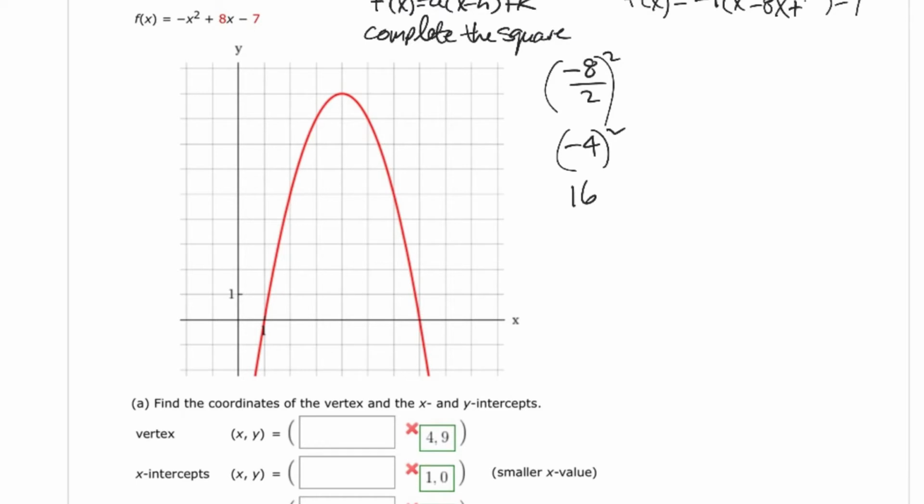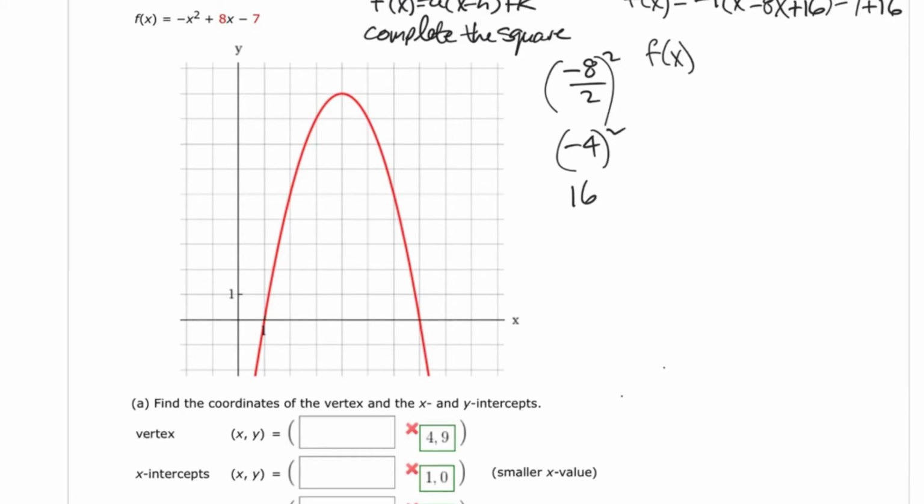We add this inside the parentheses, and then we have to compensate for having added this 16 inside the parentheses. Now, what we've really done is subtracted a 16, because if we were to distribute the negative 1 through each term inside the parentheses, the net result would be a subtraction of 16. So in order to compensate, we must add 16.